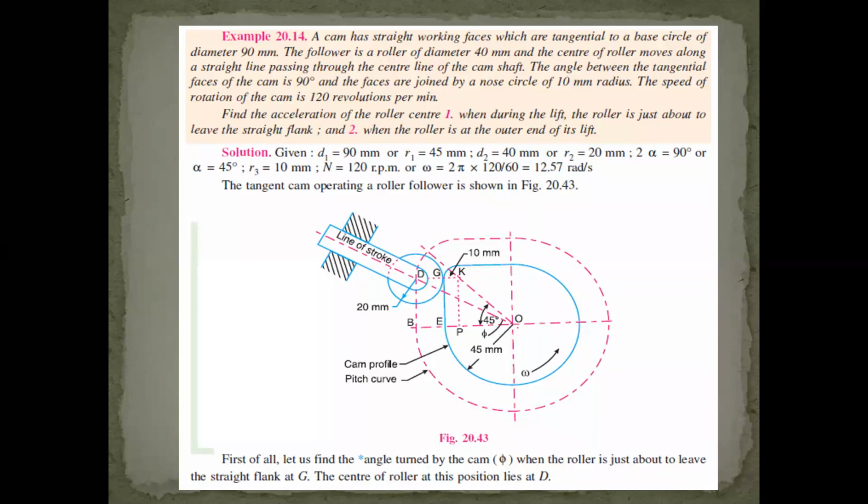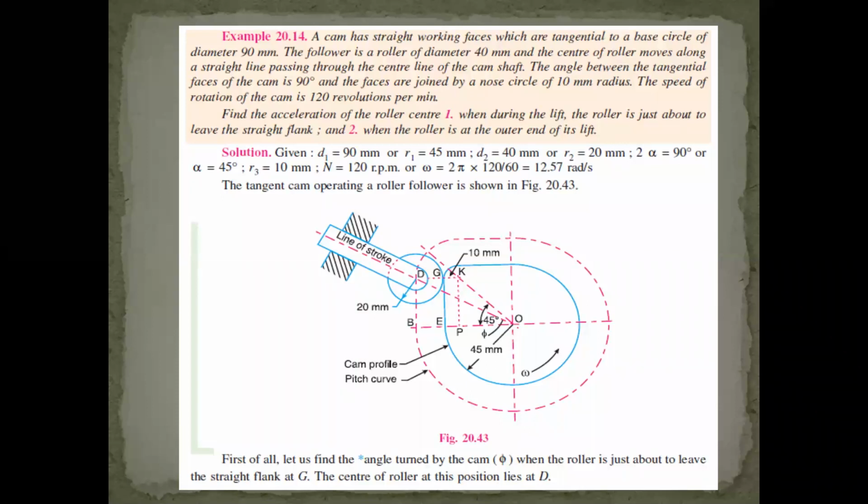First read it carefully. A cam has straight working faces which are tangential to a base circle of diameter 90 mm. The follower is a roller of diameter 40 mm, and the center of the roller moves along a straight line passing through the center line of the camshaft.